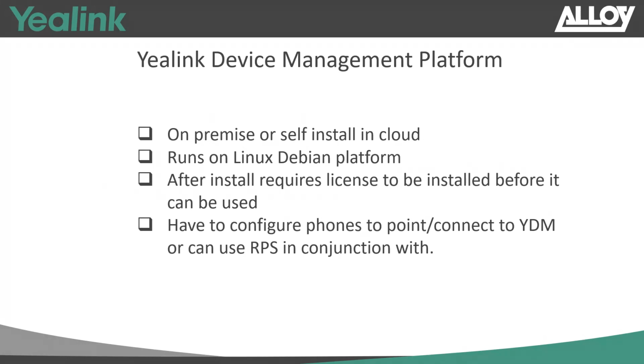So you do need to point or direct your phones to your YDM, and this can be done via DHCP option 66 or something similar, or you could use Yealink's RPS service to redirect the phones back to your on-premise device management system if you wanted to as well.